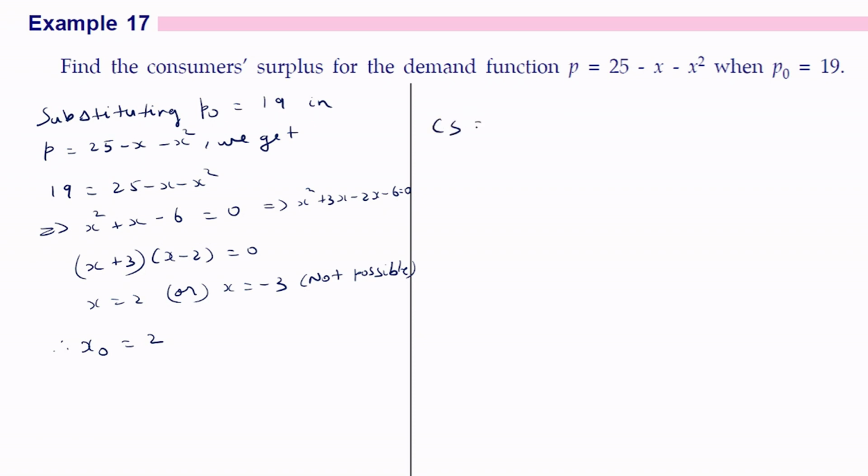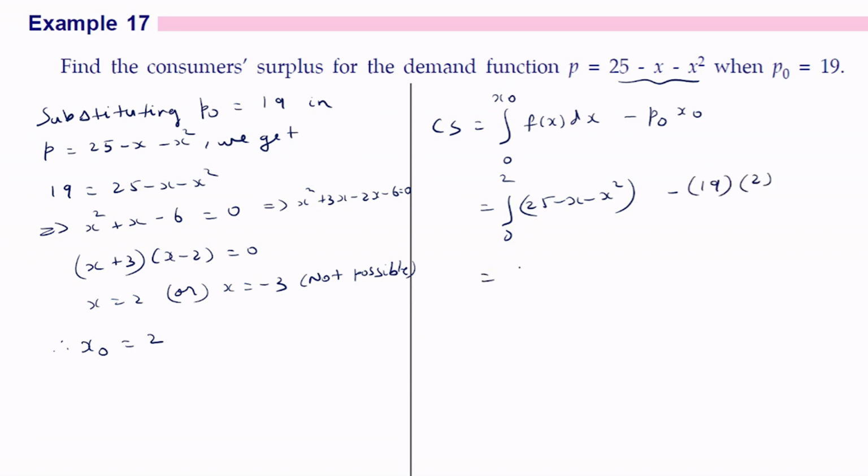Now the consumer surplus is given by the integral from 0 to x0 of the demand function f of x dx minus P0 x0. So it is the integral from 0 to 2 of the demand function, here 25 minus x square, minus P0 is 19 and x0 is 2. So this is 25x minus x cube by 3 with the limits 0 to 2, minus 38.